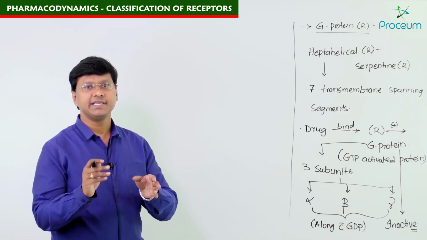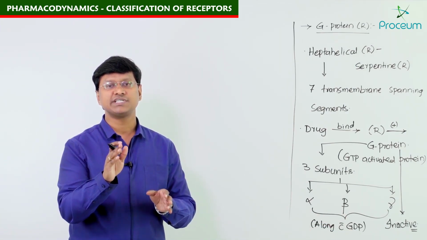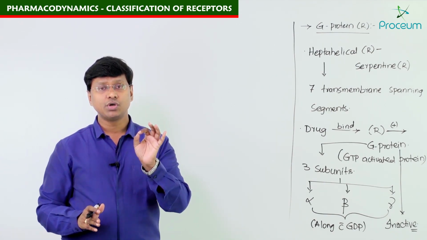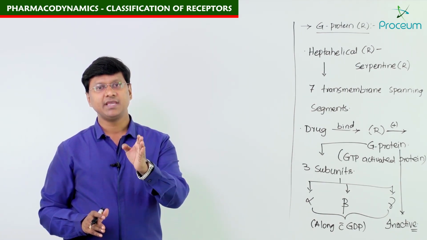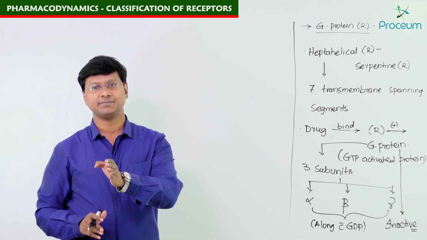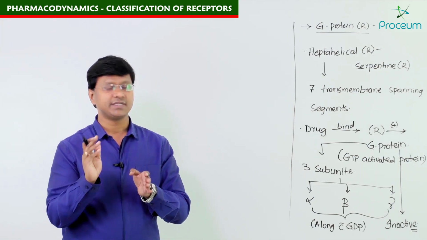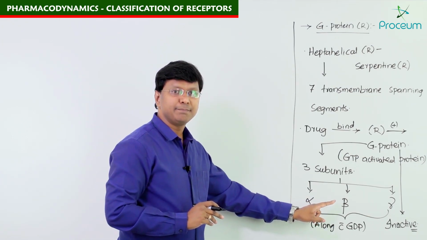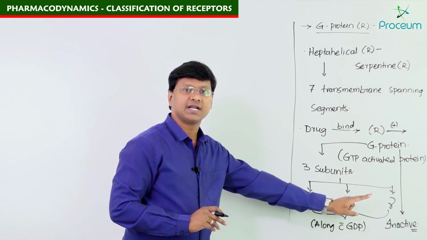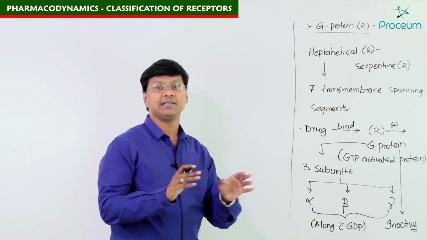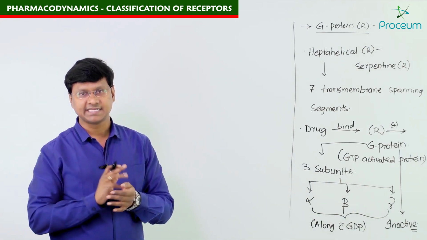Instead of that, if GTP, that is guanosine triphosphate, replaces GDP, then the alpha subunit separates from the beta as well as the gamma subunit, and then it becomes activated.